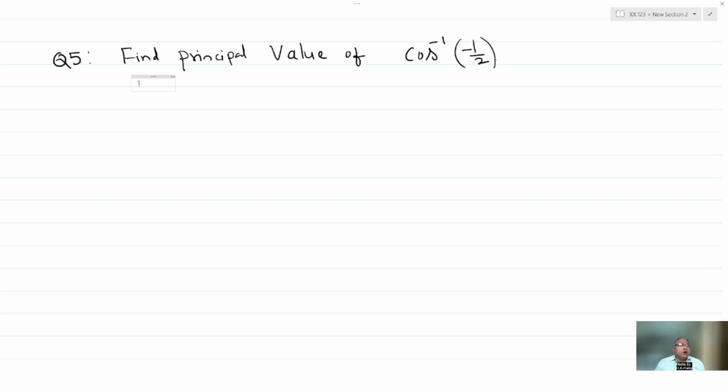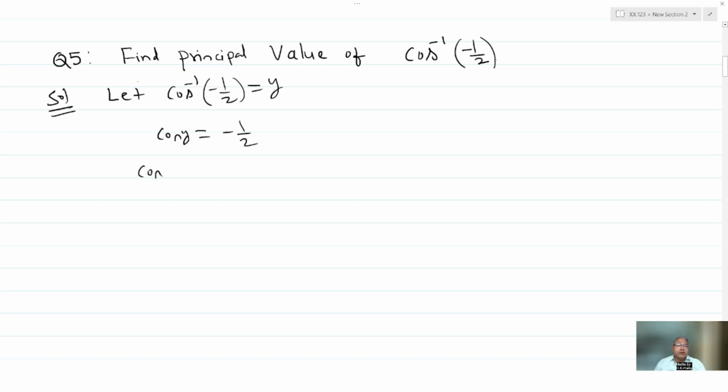Find the principal value of cos inverse of minus 1 by 2. Solution. Quite a simple problem. Let cos inverse of minus 1 by 2 equal y. So cos y equals minus 1 by 2, and we know that cos pi by 3 equals 1 by 2. So minus 1 by 2 can be written as minus, and here is the 1 by 2. So cos y equals minus as it is, and in place of 1 by 2, cos pi by 3.